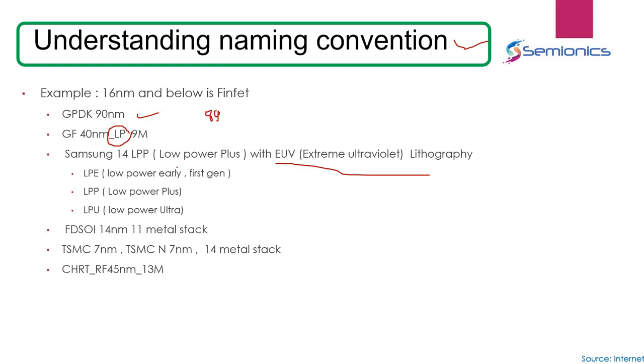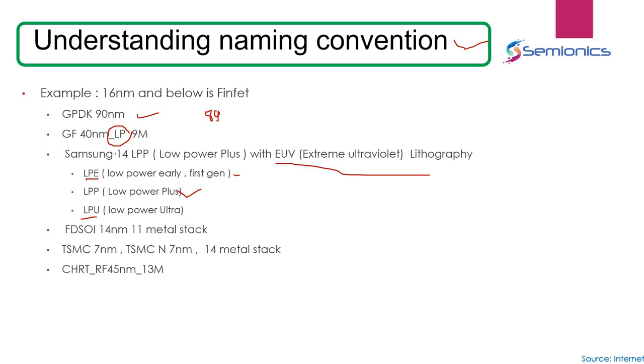Right, now this is one of the advanced mid-level versions, you can call it. If you Google it, you will find that the predecessor of LPP is LPE, like the initial version, you can call it. Low power early. It's a kind of first generation low power 14 nanometer PDK released by Samsung for low power designs in 14 nanometer. Likewise, we have LPP, which we have just spoken about, and LPU.